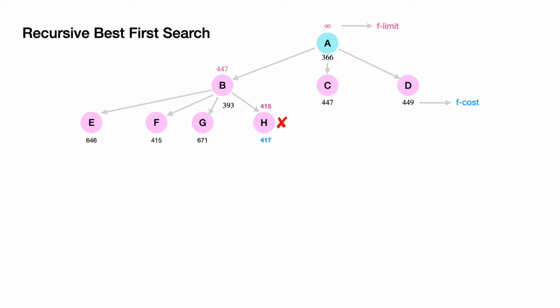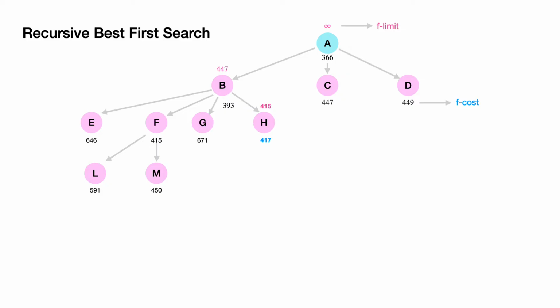Now we pursue the alternative path because we are not able to get the least cost using node H. The alternative path is node F, so we pursue node F. We have L and M as children, with values 591 and 450. Here once again we come to know that node M has a higher cost than the limit we already have.